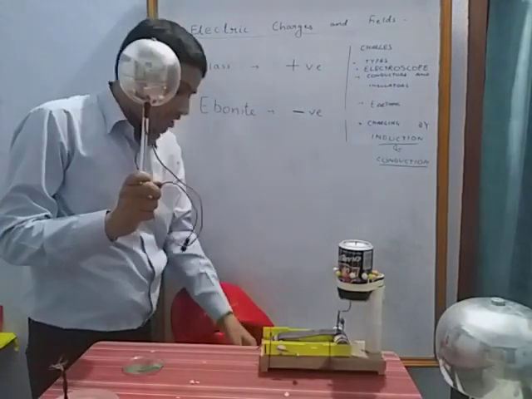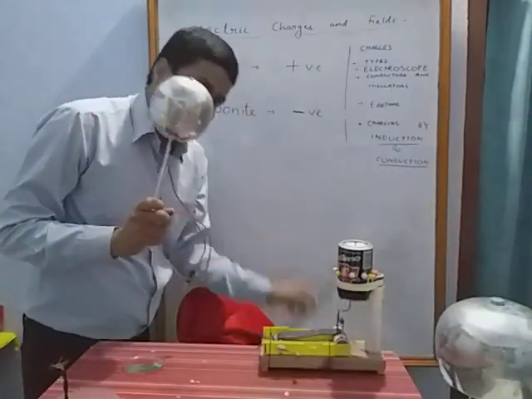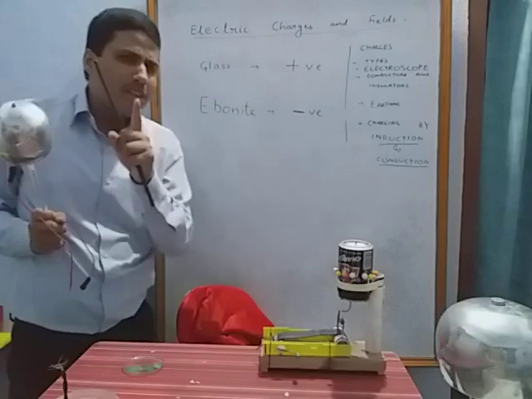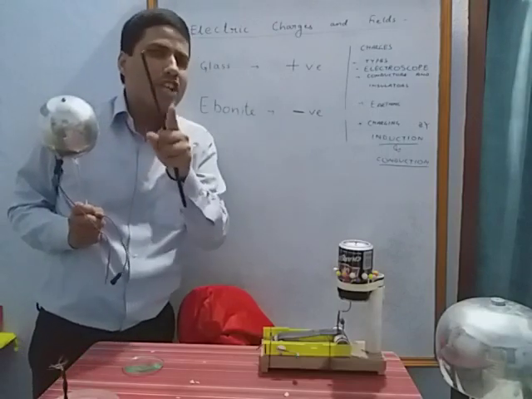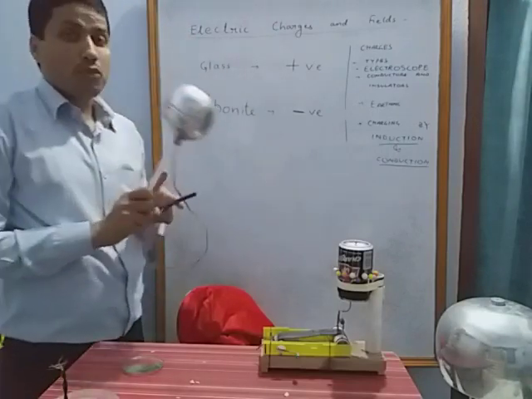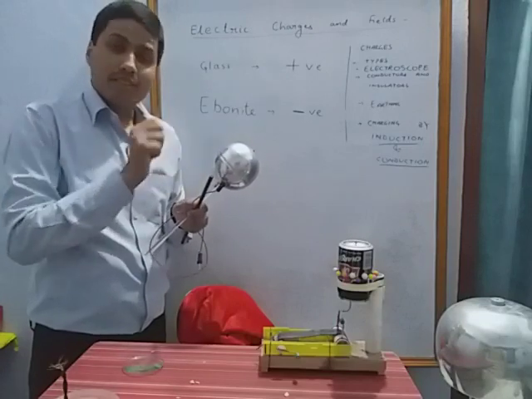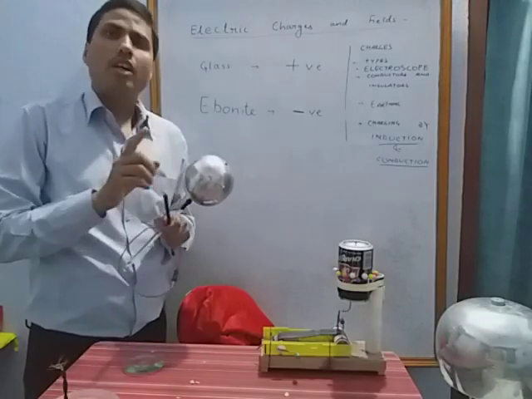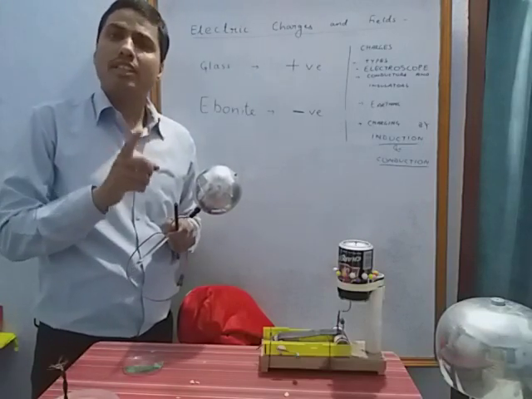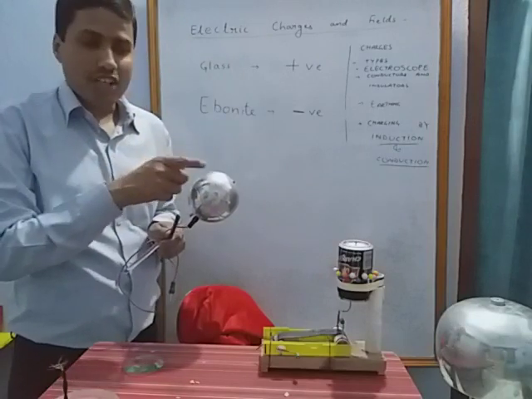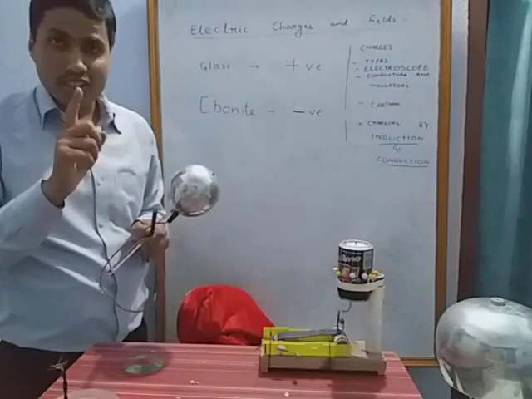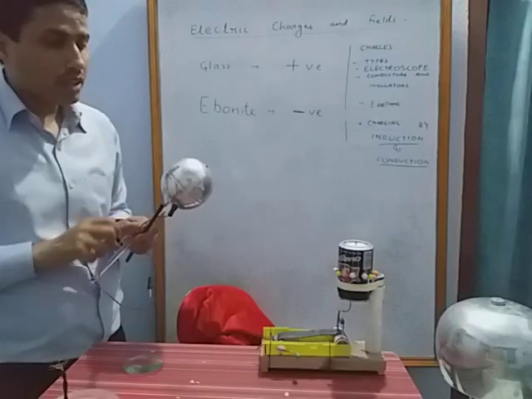This is a conductor, this is a conductor. This was an insulator. If you are a very keen observer, you must have noticed something. Of course, one thing: it attracted, although it was neutral. Remember students, neutral bodies can also attract a charged body. Lesson to be learned. Very important and remarkable statement.